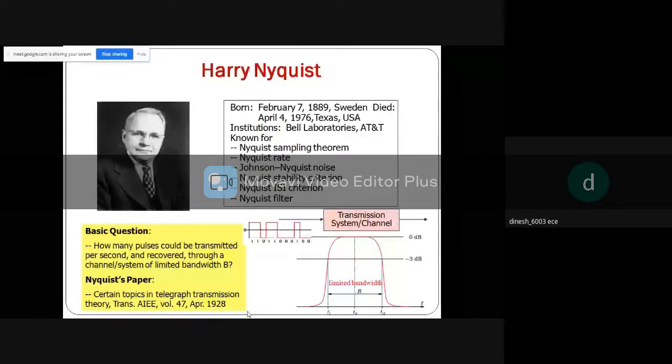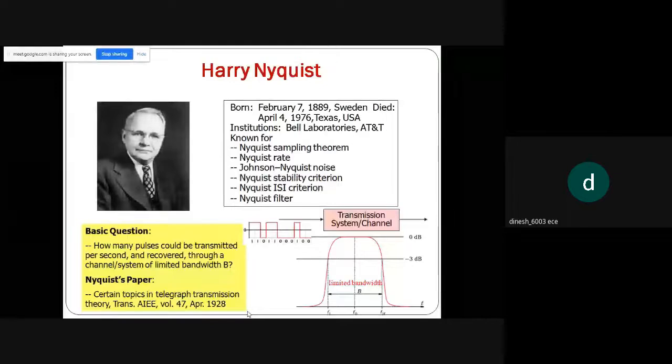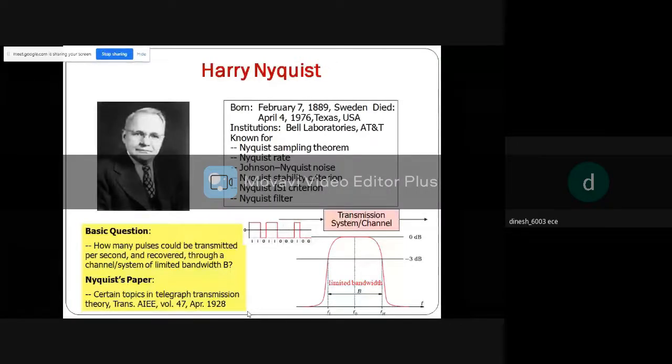He was at Bell Laboratories, Texas, USA, and he was also in association with AT&T. Harry Nyquist is well known for the Nyquist rate, Nyquist criterion, Nyquist stability, Nyquist filter, and Nyquist sampling theorem.